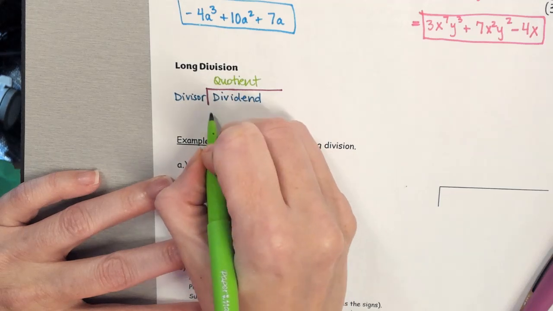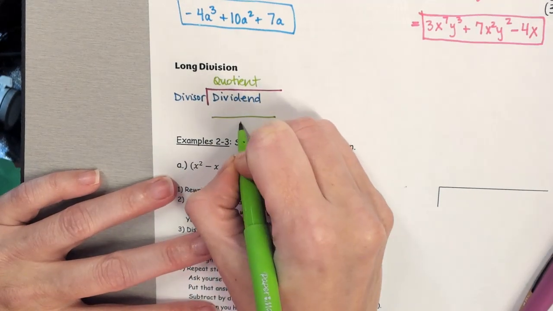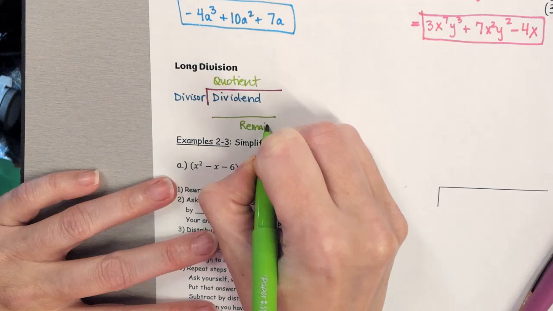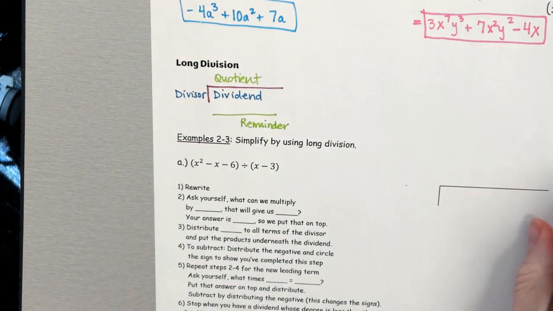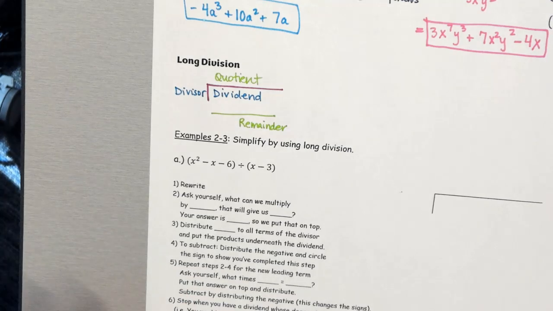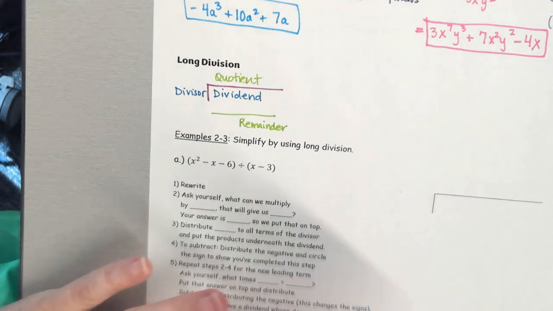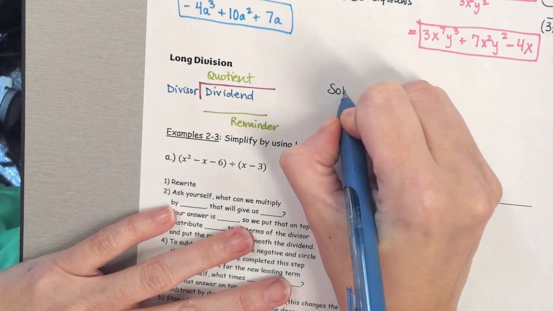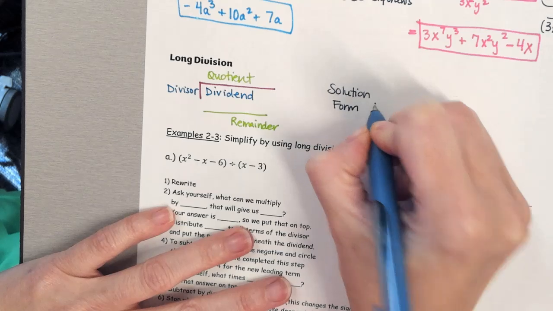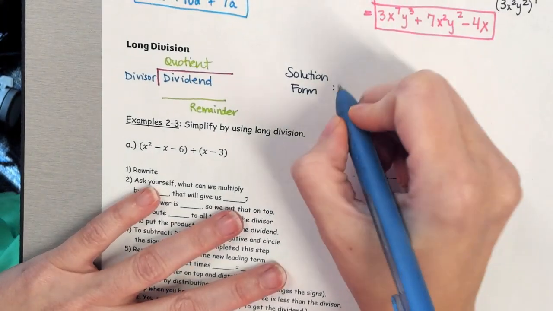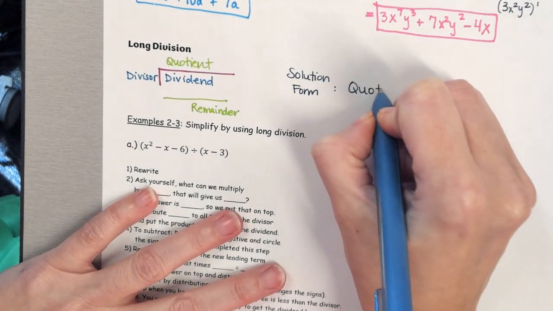And then when you have a remainder, like you'll do all your math here, and then you'll have a remainder at the end, and then we're going to be writing our answers in a specific form. Okay, so your solution form is always going to be the quotient. So whatever you get on the top is the quotient.